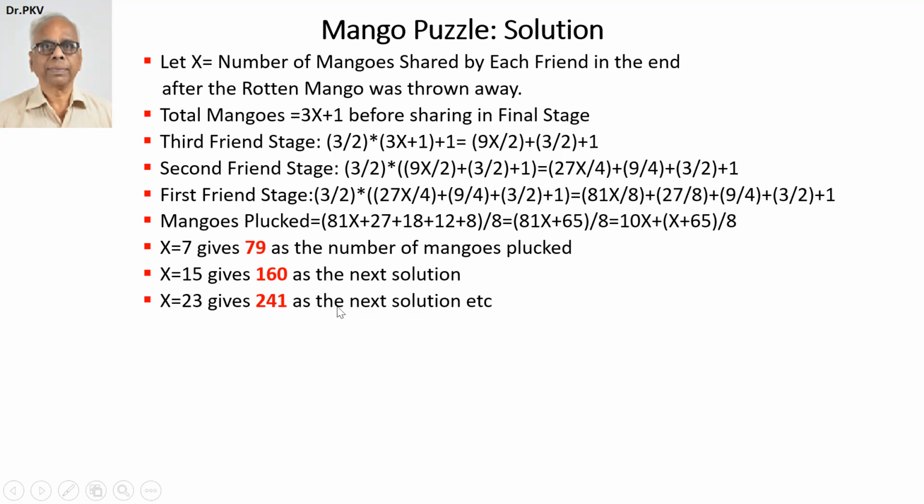In other words, the number of mangoes shared among the friends is 7 each in the first case, 15 each in the second case, 23 each in the third case, etc. The number of mangoes plucked, which is asked in the problem, the minimum is 79, then it is 160, then it is 241, and then I can make it as 96, which is equal to 322.